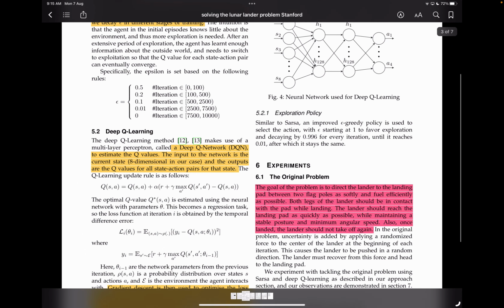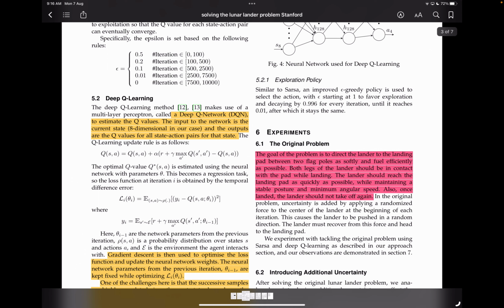So that we get better performance on the greedy policy. Then is deep Q learning. As I already told you, deep Q learning makes use of a neural network, and its input is the current state, say 8 dimensions in our case, right? And the outputs are the Q values for state action pairs for that state.